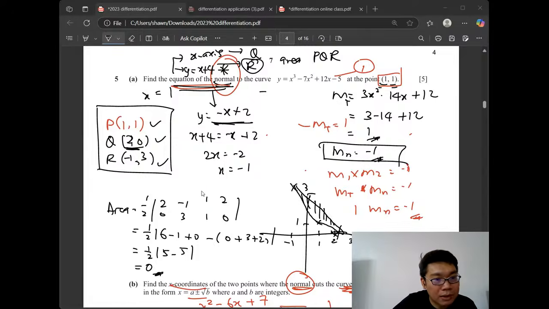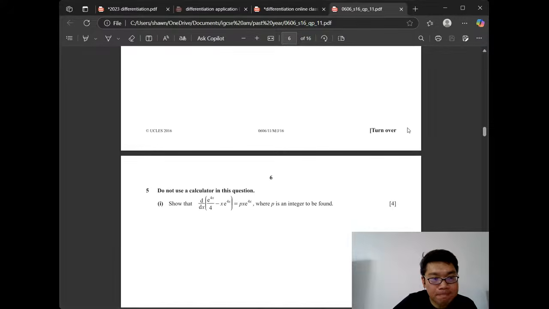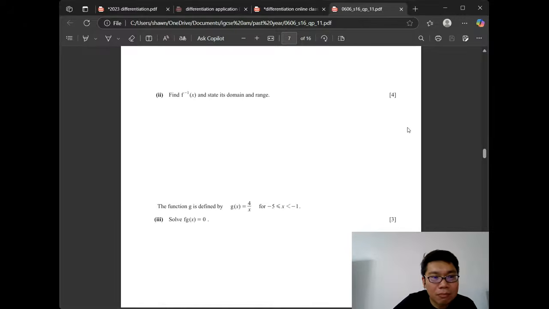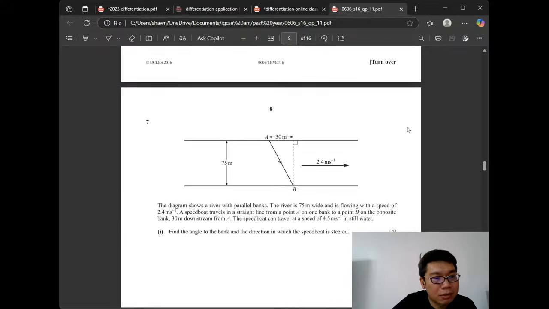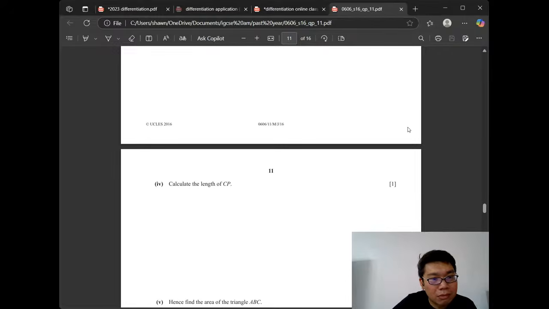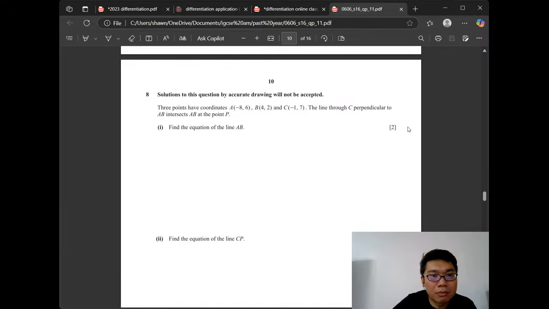MJ1611, question 8. Area of triangle ABC. So this question asks you to find the area of triangle ABC.